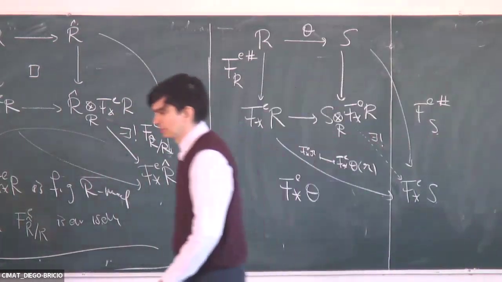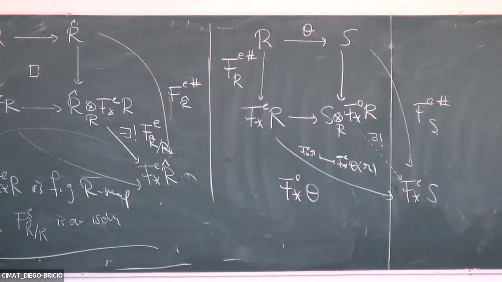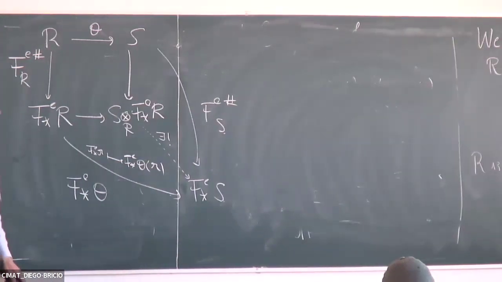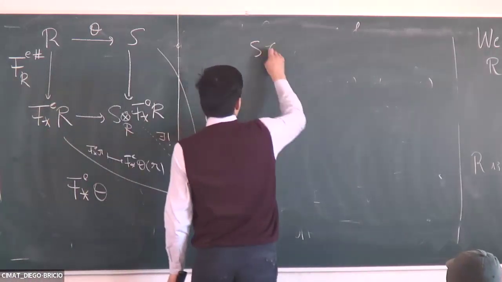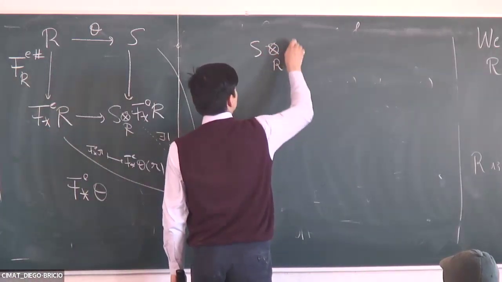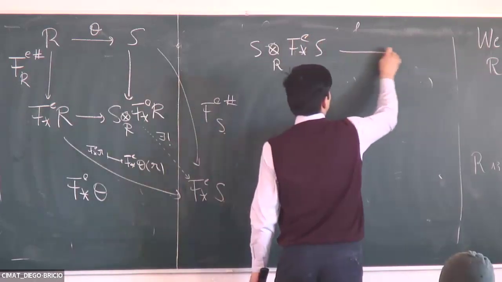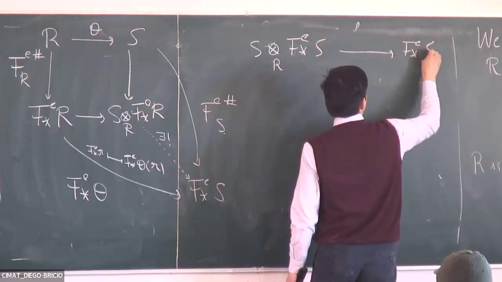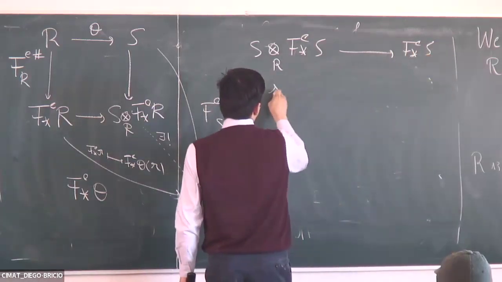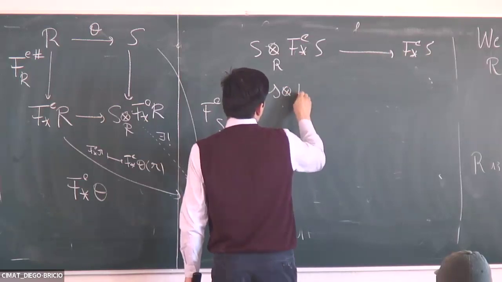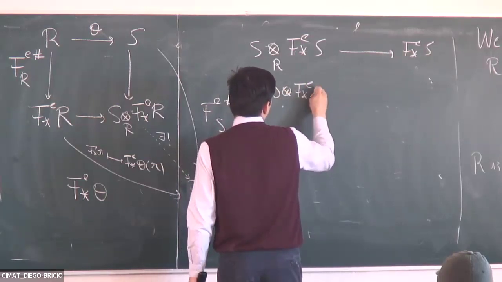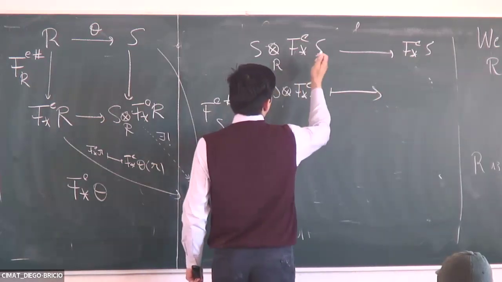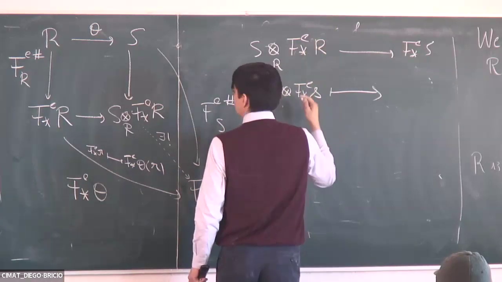How does it work? So you have this map, and what it does is the following. If you have S tensor F^e lower star little s, this goes... sorry, not here, I did something wrong. It's R here, right?